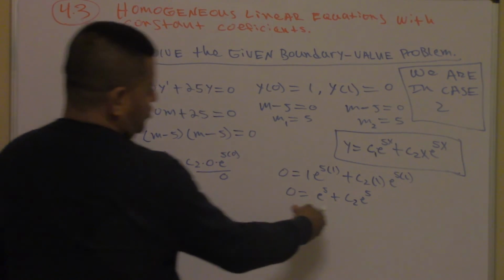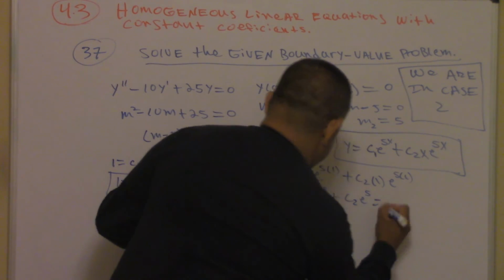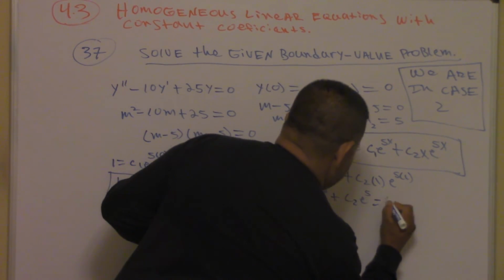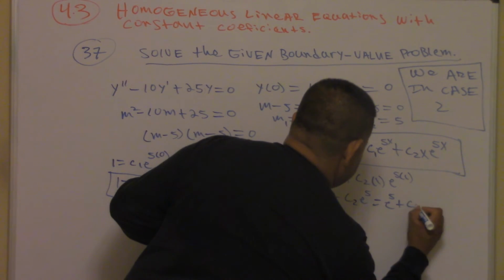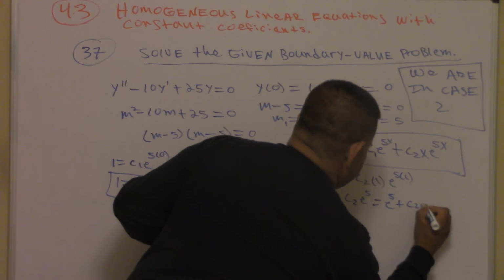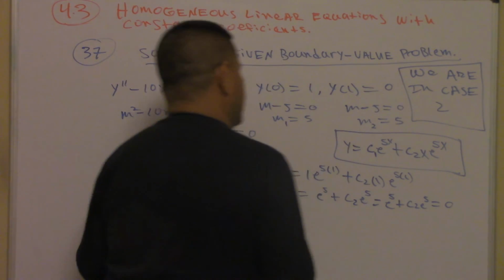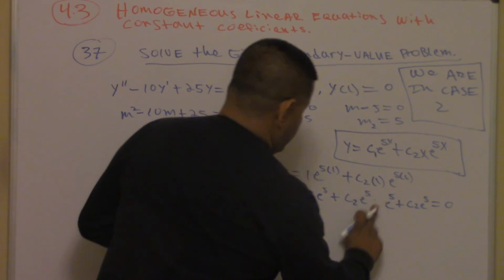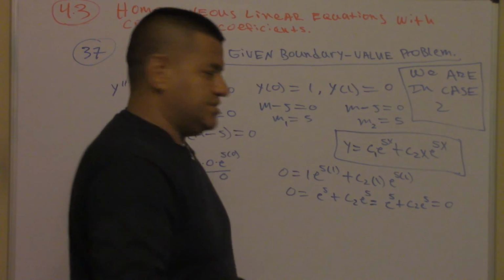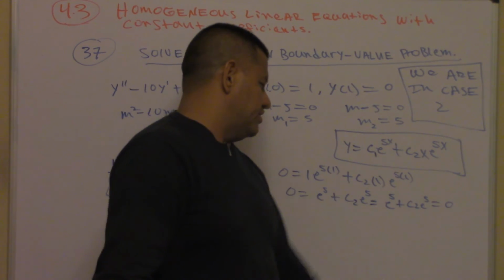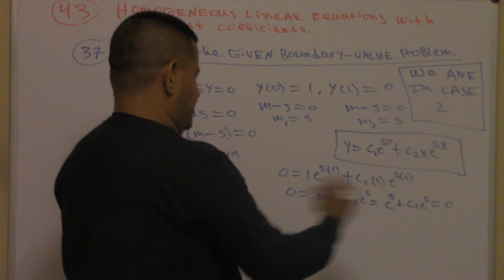Now, let me just rearrange this and make it e to the 5th plus C2 e to the 5th equal 0, okay? All I did is I put 0 on the other side. Now, look at this.